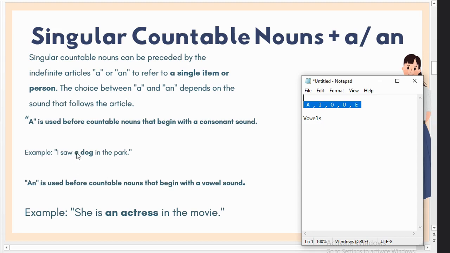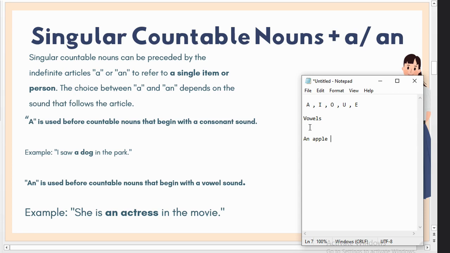So I saw a dog. A dog starts with D, not with A, I, O, U, E. So we will use a with a dog. On the other side, if we say apple, the vowel A is here, so we can say an apple.